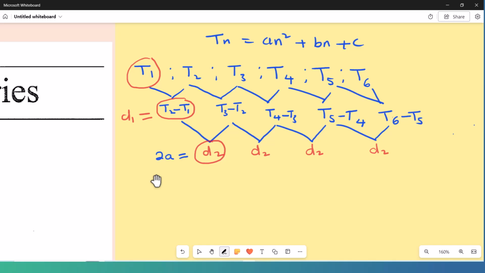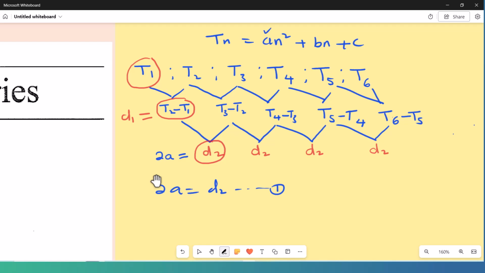First, 2a equals D2 from equation 1. You substitute in equation 1 and you get your a, because D2 is a number, divided by 2 to get your a.